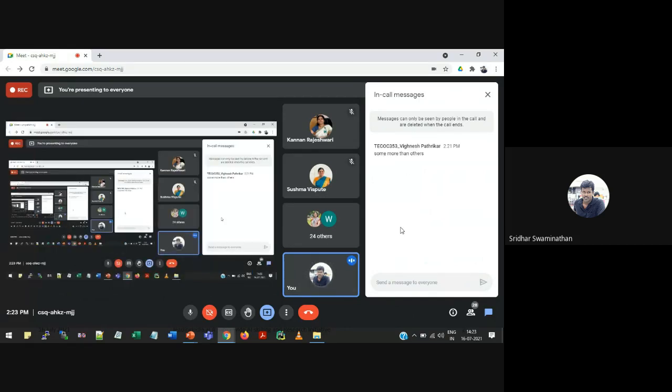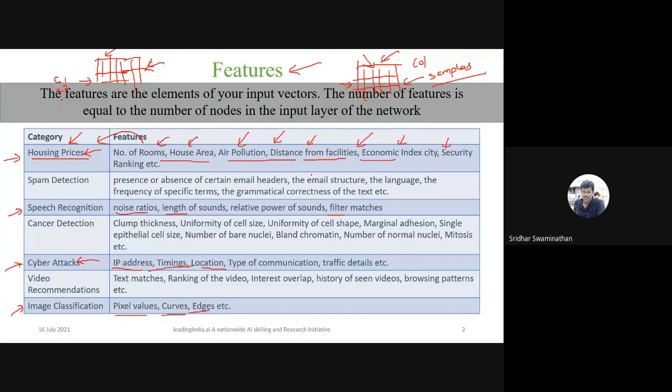Some features are important, some features are not important. For example, if you have a column like serial number, I don't think the serial number has anything to do with the house price. Similarly, the name of the house.